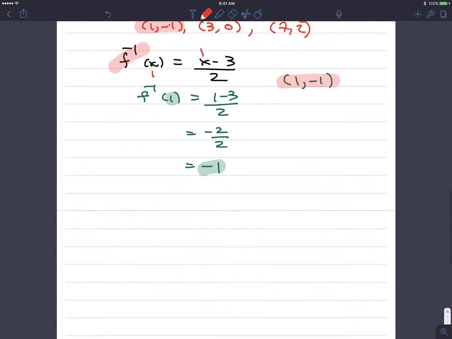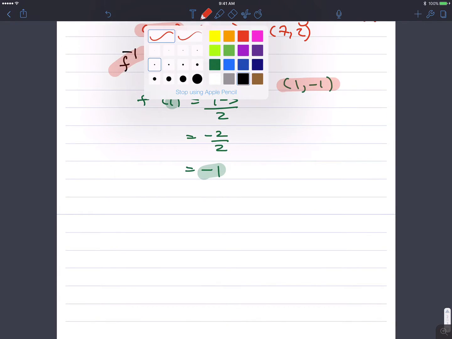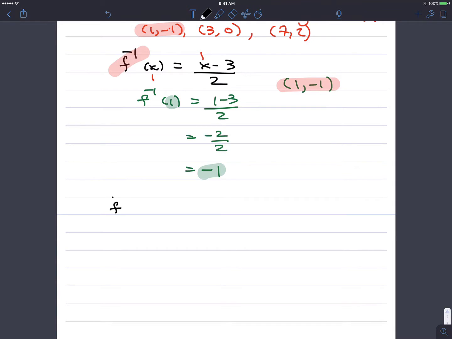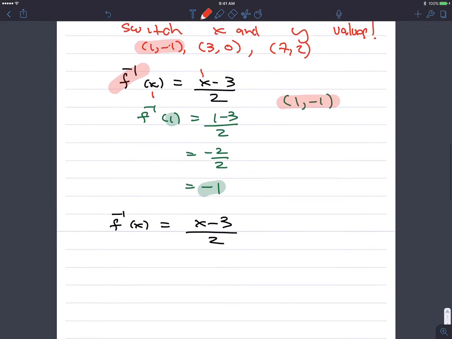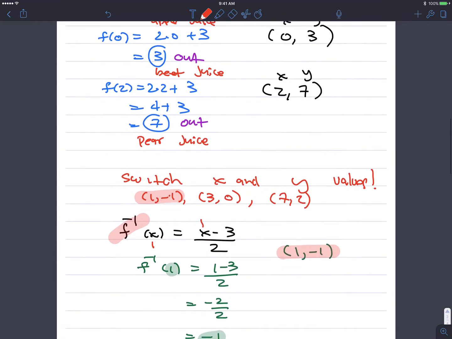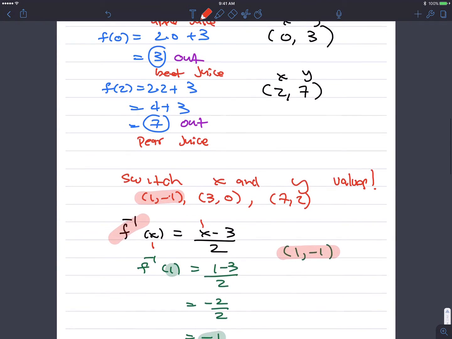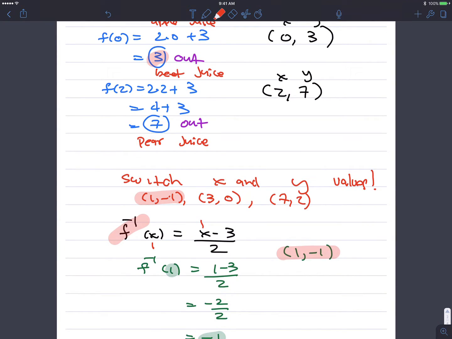Okay, now let's plug in our machine just so you guys can see. Here's my inverse machine. It's (x - 3)/2. Let's now plug in, what's the second value? Let's plug in this value. Like we said, here's our beet juice. Plug in 3, we should get 0.